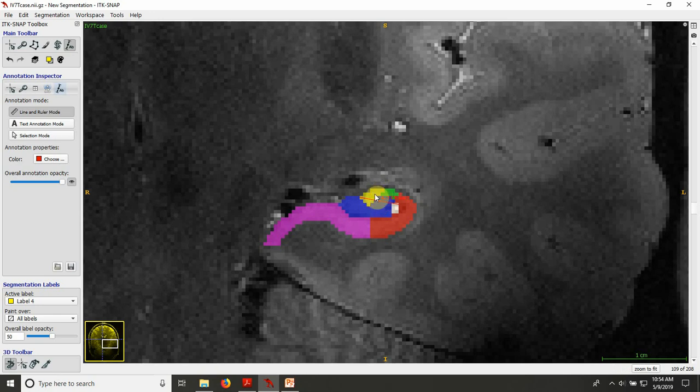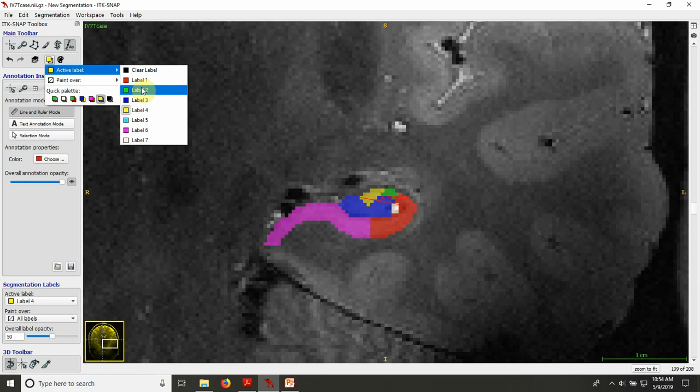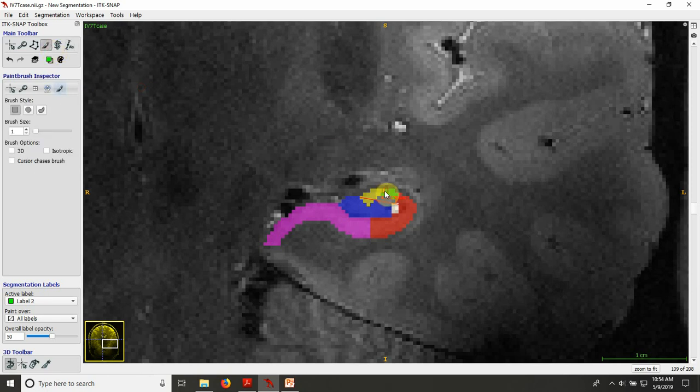So if that happens, I personally count that voxel towards CA3 and put the line at a more lateral location. So I am going to take this as my CA2, CA3 border. So I'm going to have to add this one voxel to the green label. So I'm going to remove this line.